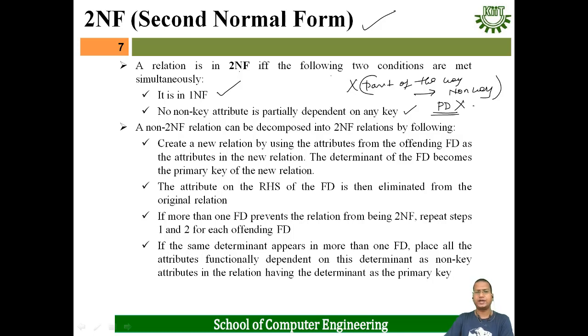The determinant of the FD becomes the primary key of the new relation. The attribute on the RHS of the FD is then eliminated from the original relation. If more than one FD prevents the relation from being 2NF, repeat steps 1 and 2 for each offending FD. If the same determinant appears in more than one FD, place all the attributes functionally dependent on this determinant as non-key attributes in the relation having the determinant as the primary key.